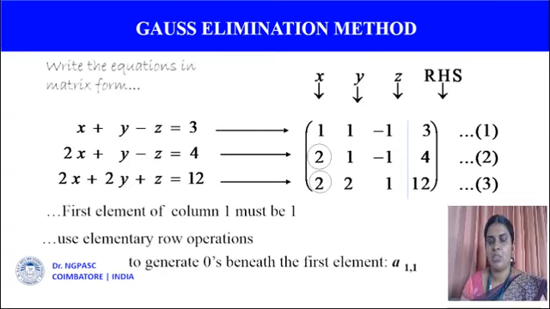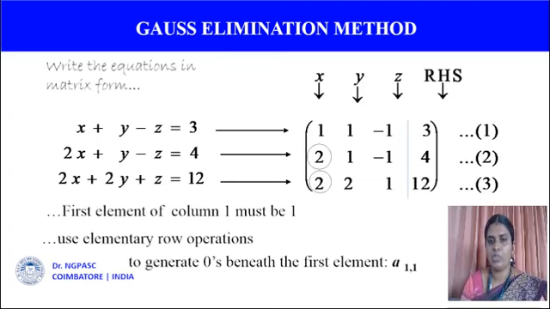Okay, so the first column operation is, I have circled, that is this 2 and this 2 have to be made 0. Considering the first element as your pivot element, you have to make the row operation such that these two elements are 0.